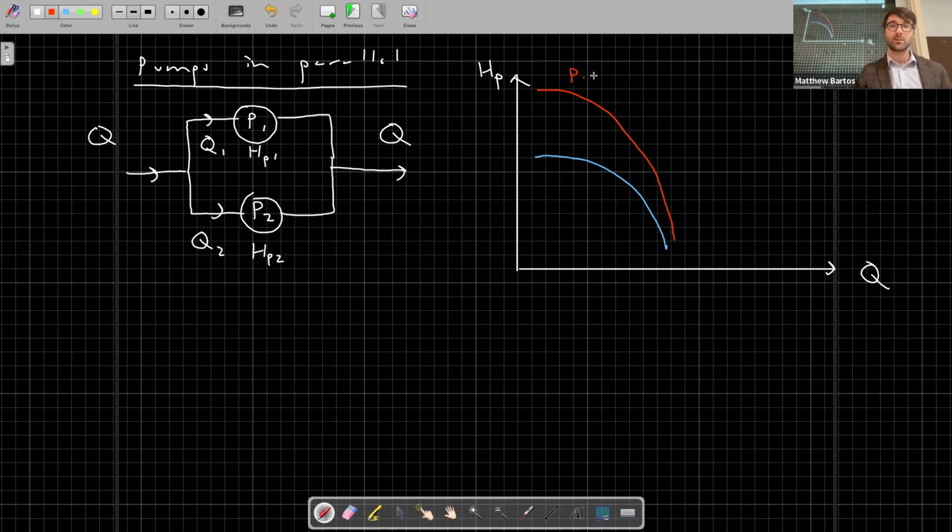So this is P2. This here is P1. And let's say we have N, as in November, pumps in parallel.